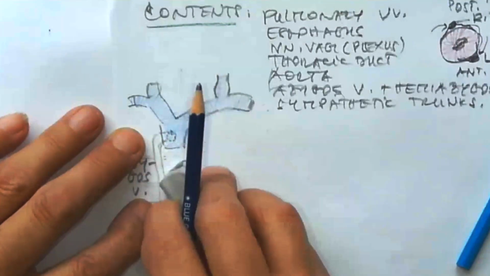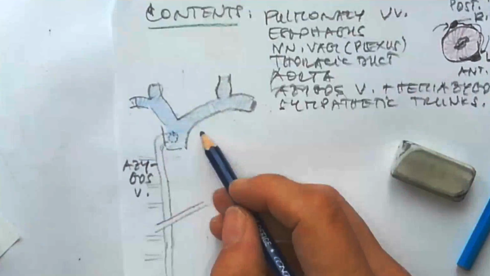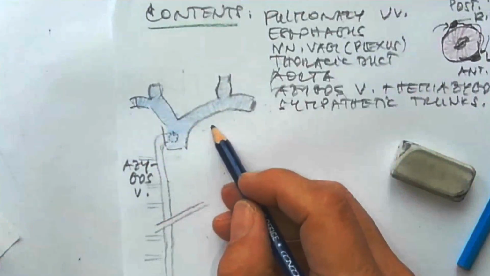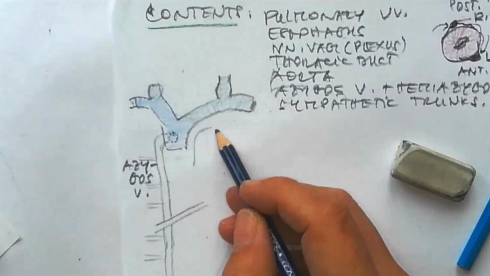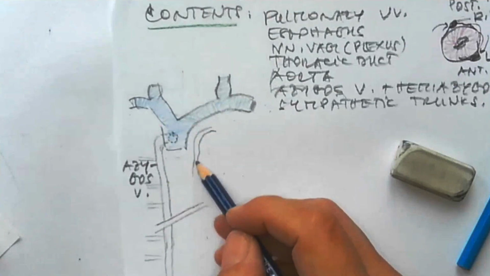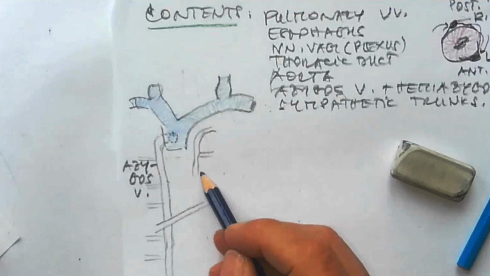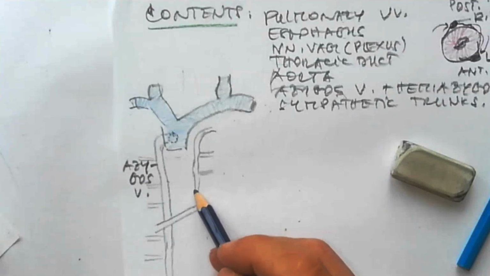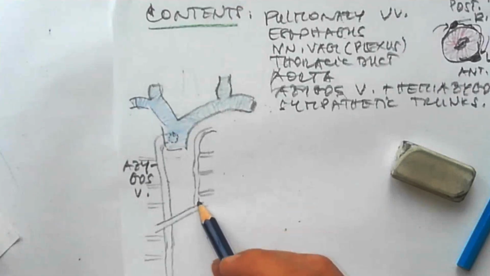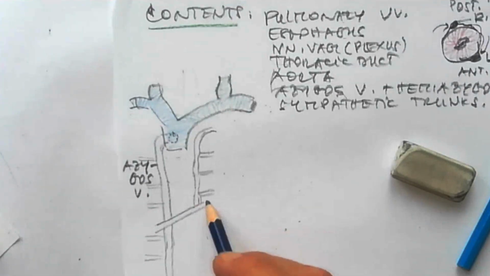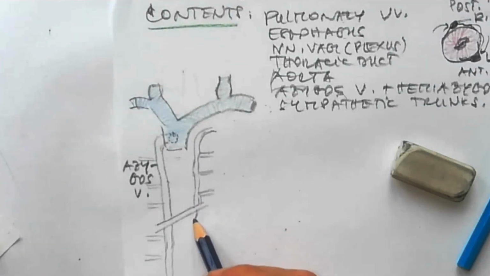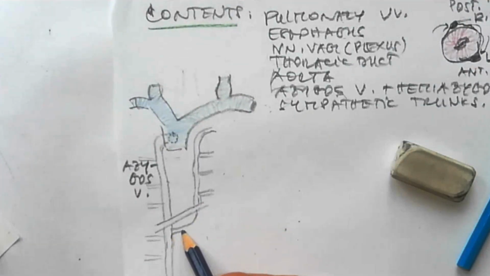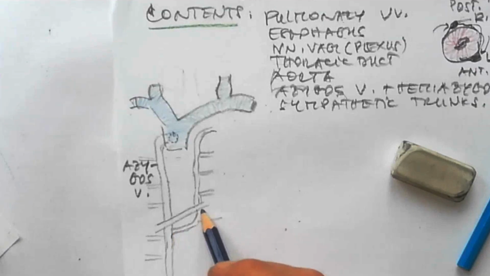Better not to draw any, because better would be to start to draw the accessory hemiazygos, which is thinner, collecting also blood from here, descending. Usually it goes to the opposite side, opening into the azygos.